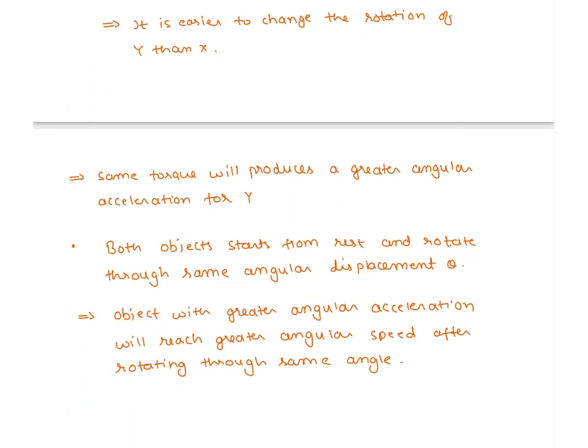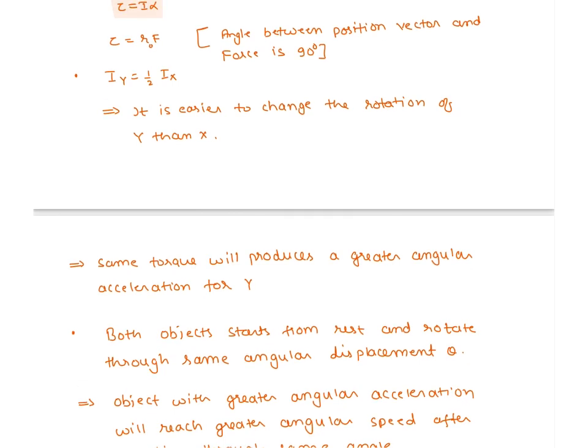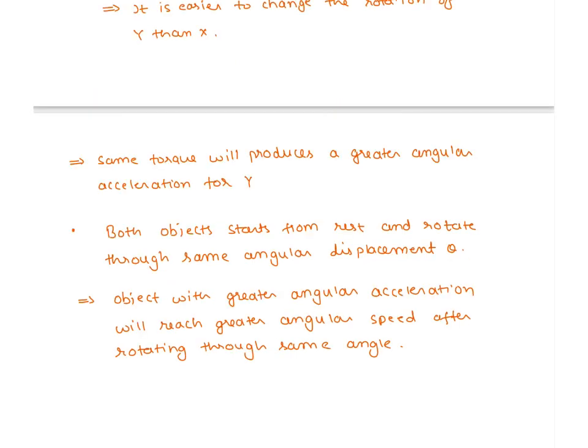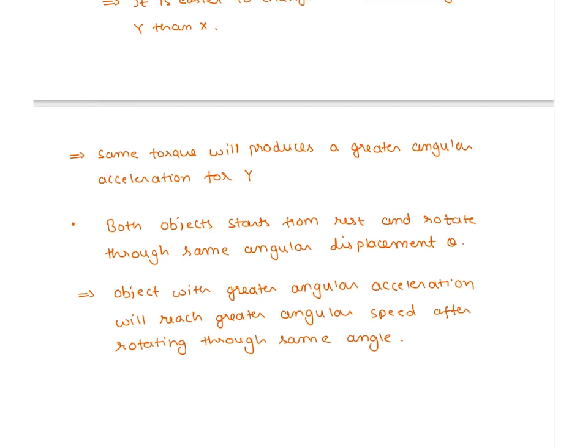And then it has been given that the moment of inertia, or rotational inertia, of toy Y is less. So from here I can say it is easier to change the rotation of Y when compared with X. So for the same torque, the object with smaller rotational inertia has greater angular acceleration.